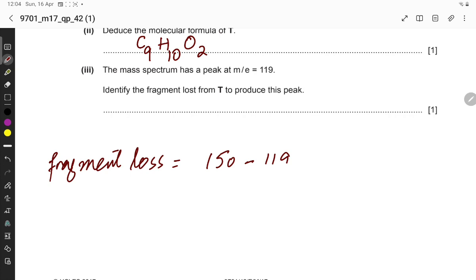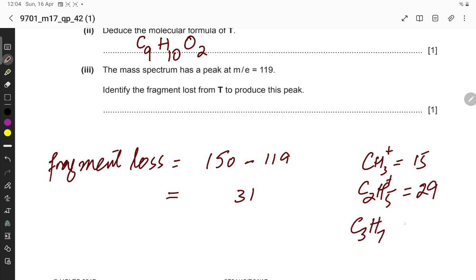So this is equal to 31. The most common peaks are CH3, which is equal to 15, C2H5, which is equal to 29, and C3H7, which is 43.